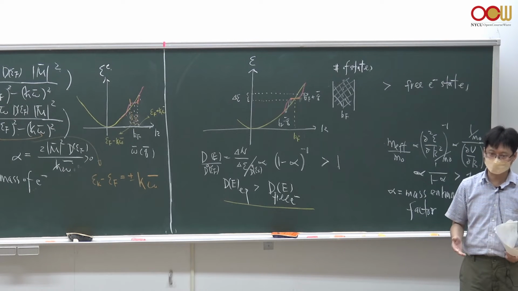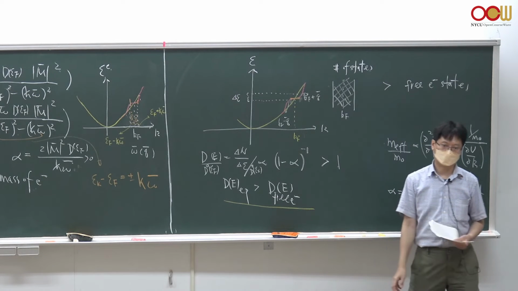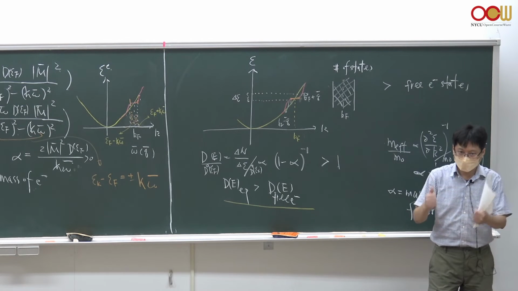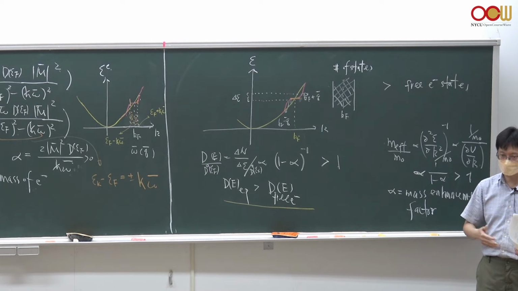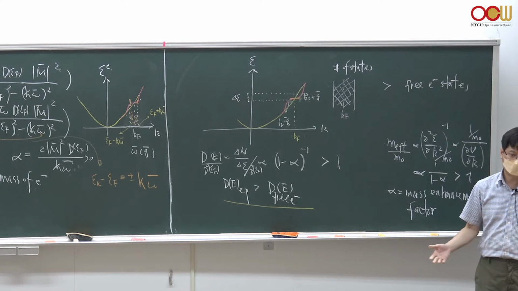And this attraction between electrons is because of the electron-phonon coupling. That effective attraction will bind these two electrons to form the Cooper pairs. And once the Cooper pairs are formed, you get no resistance of electron current, which is the superconducting current.